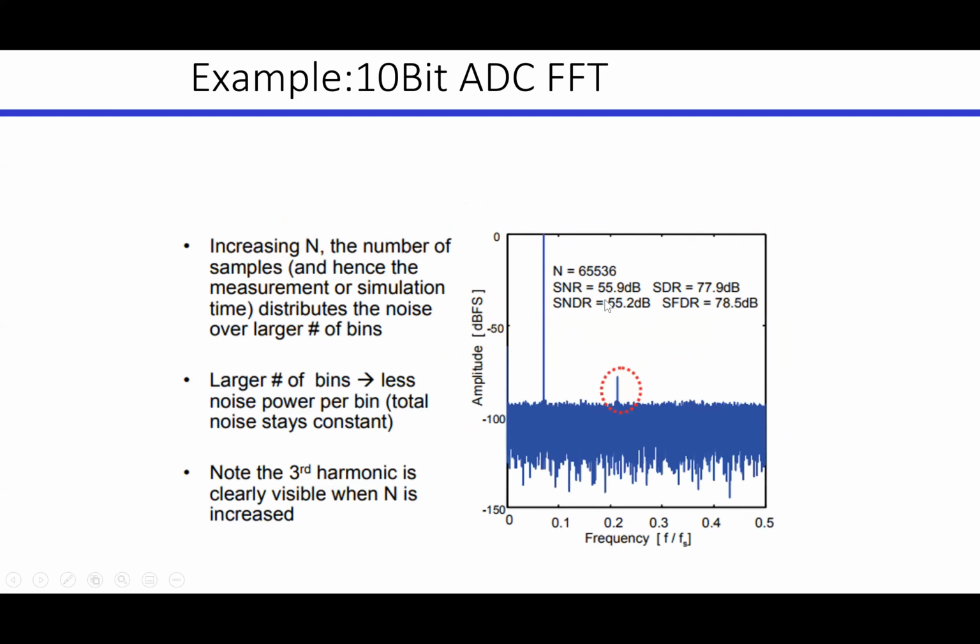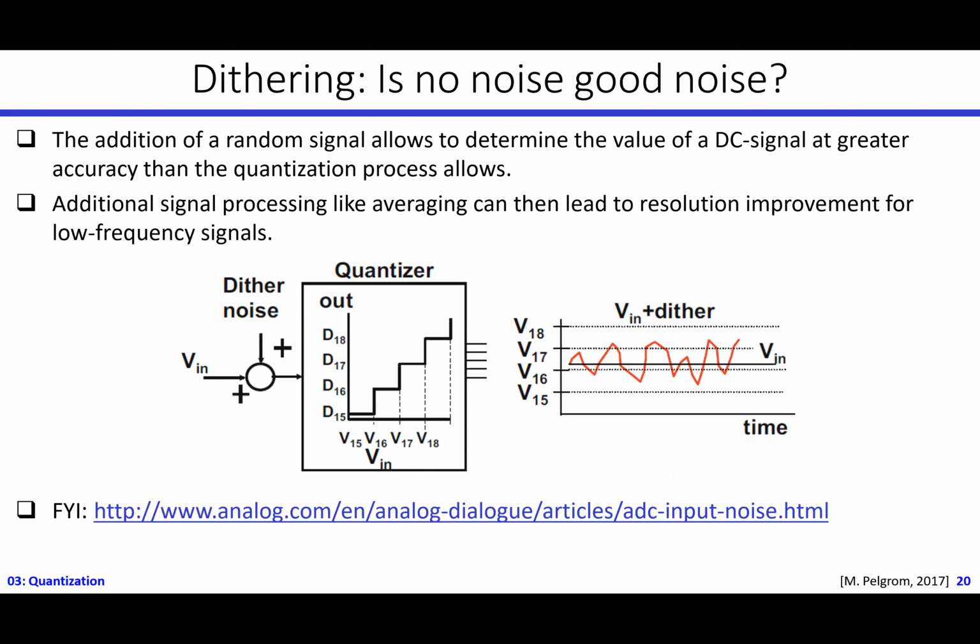Now, if I increase my FFT size to 2 to the power 16, you can see that the noise floor has reduced significantly, and now this harmonic is quite visible. So I know that I have, let's say, a third harmonic in my system. I need to go back to my design and check what's wrong, why this harmonic is quite large.